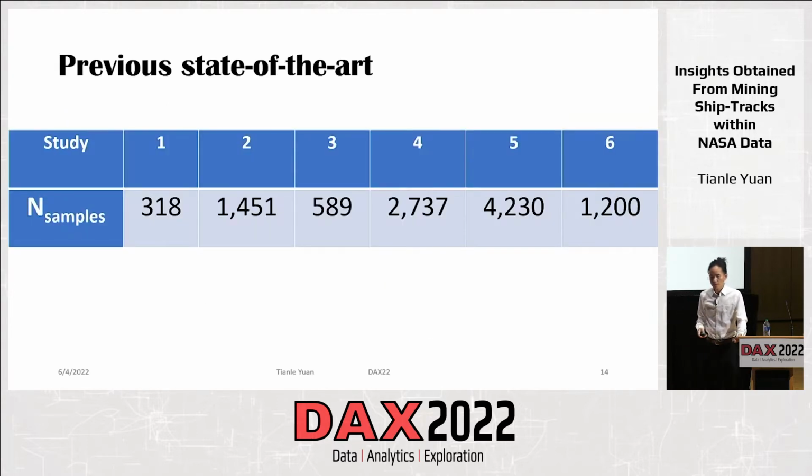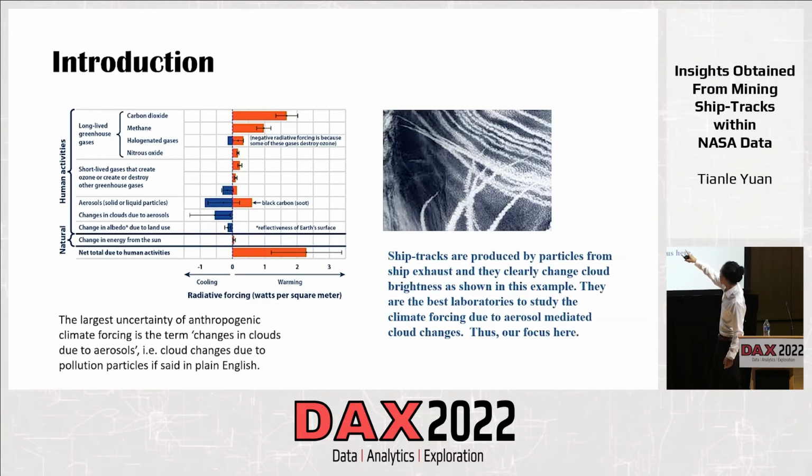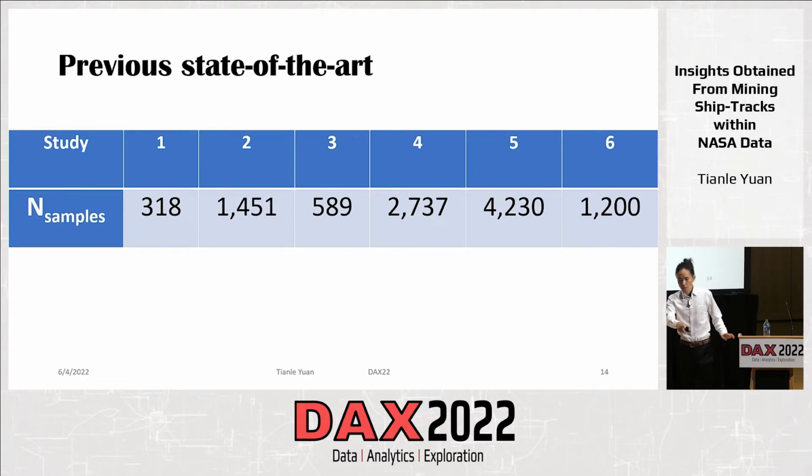The problem is, in the last 60 years, this is the state of the art in how many ship tracks we've sampled. Every ship track, these are the best ones, so it's relatively easy to hand log them. I just listed a few here. Every one of these studies involved about 2 PhDs.